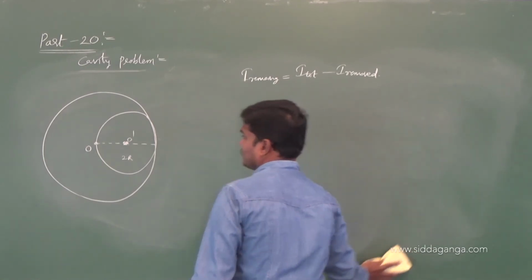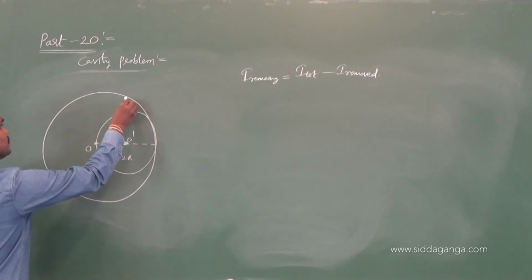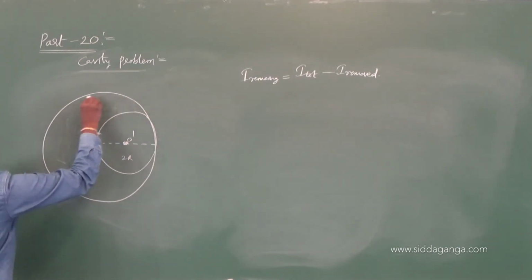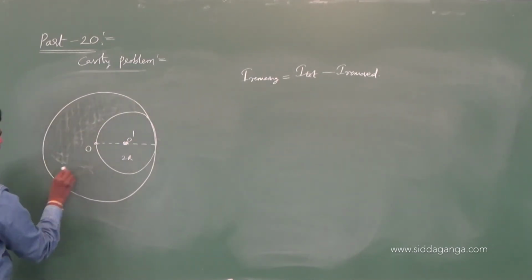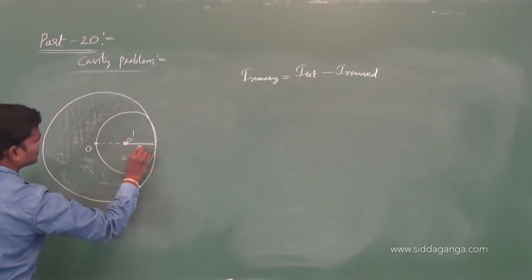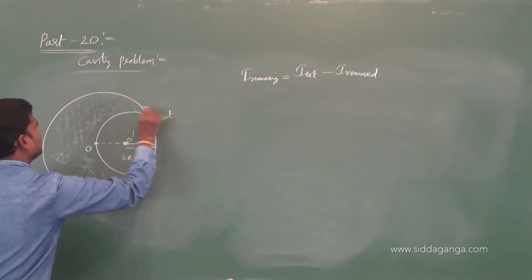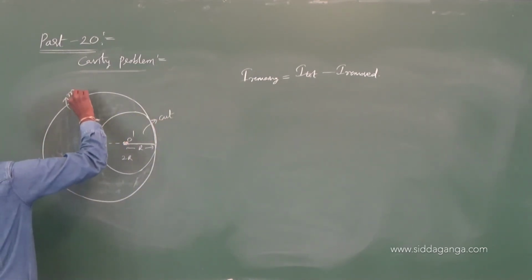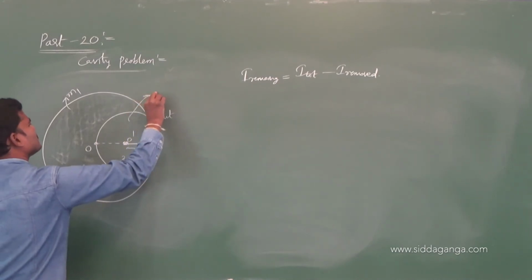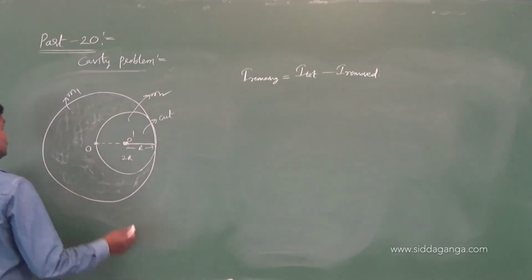Speed up. I am giving one more problem to get some confidence. So this part we need to find. A circular disc of radius 2r, from this r is cut. This is the r. Let us suppose this is m1 mass and this part is m2 mass.